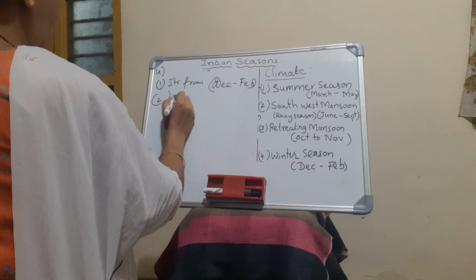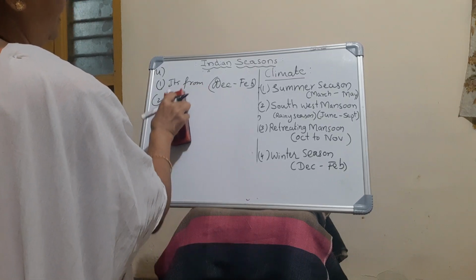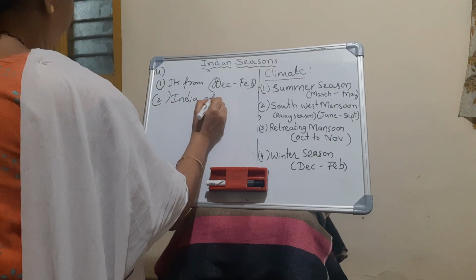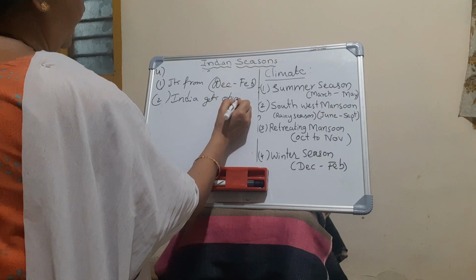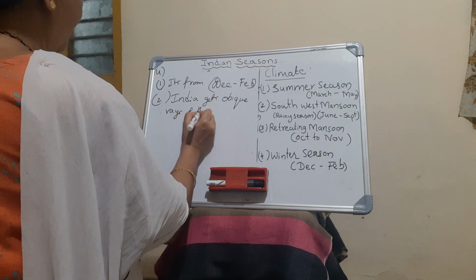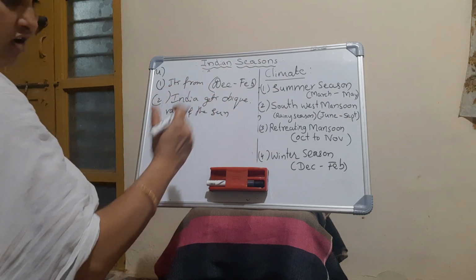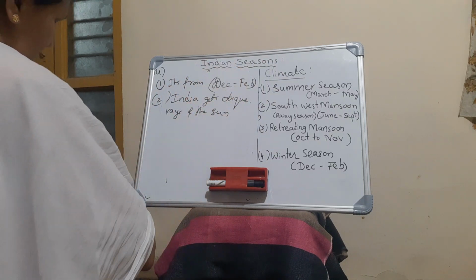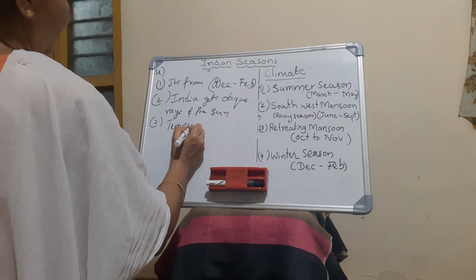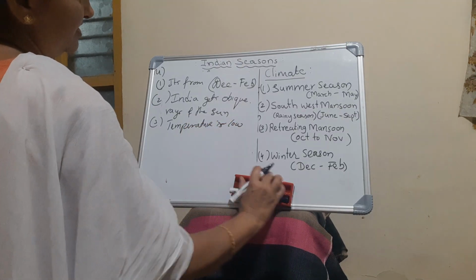Then India gets oblique rays of the sun. Oblique rays means not a straight direction. Then temperature is low.